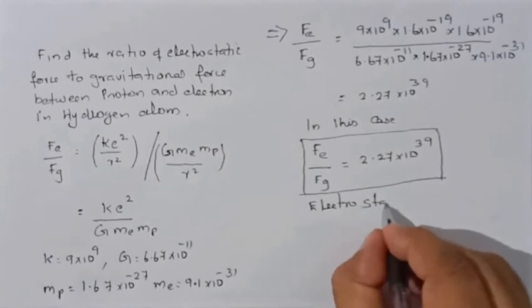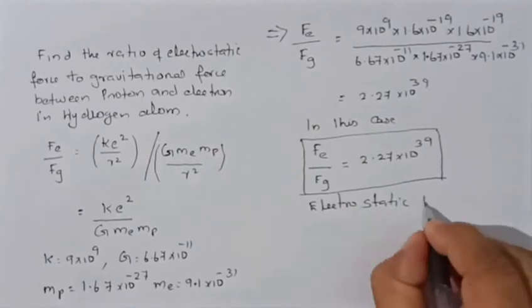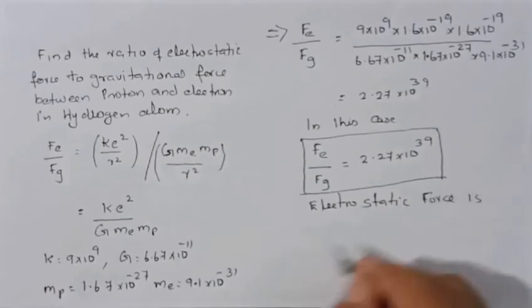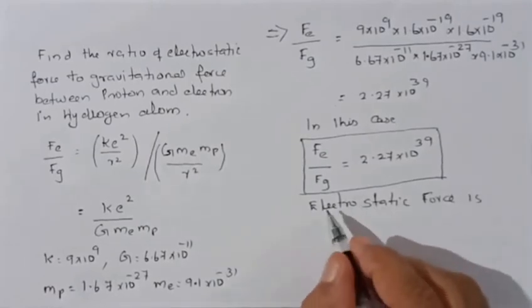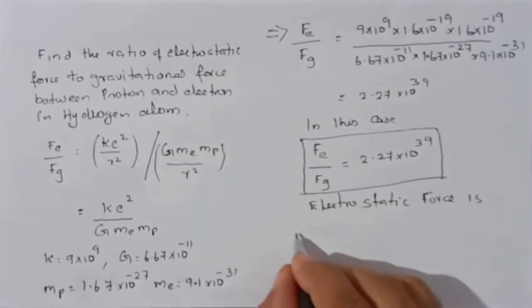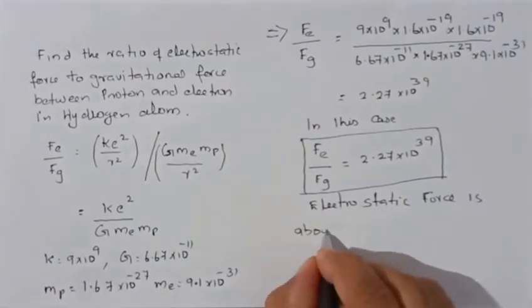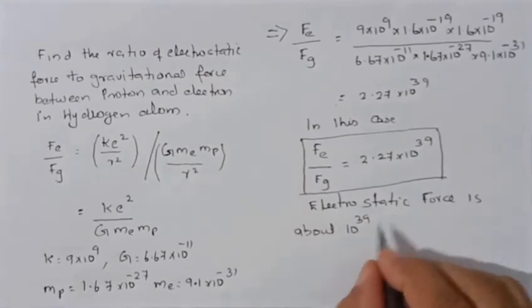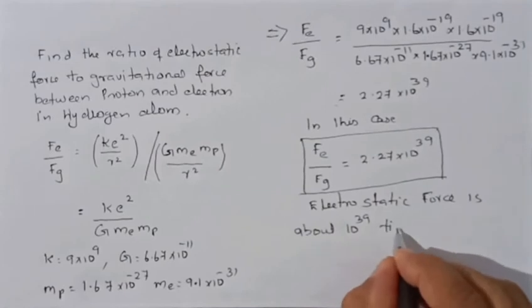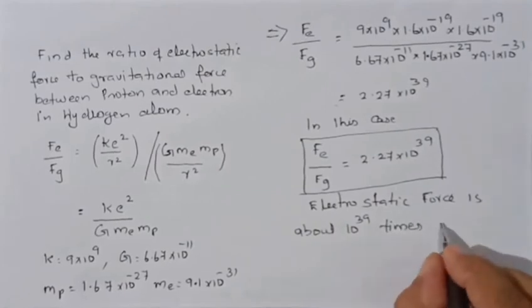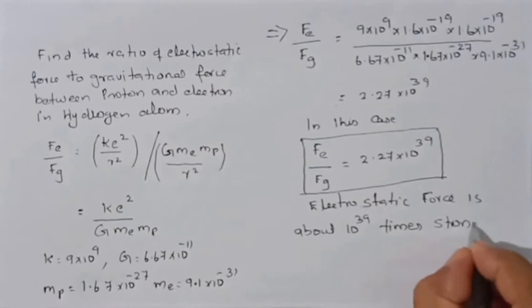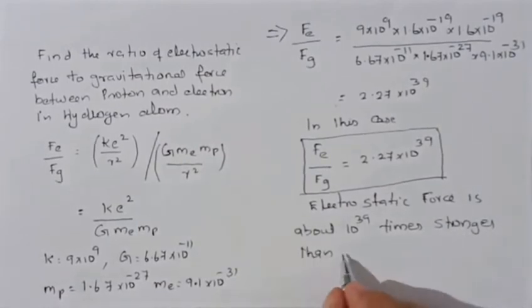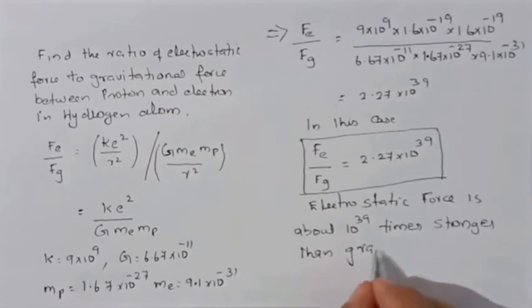Electrostatic force is about 10 to the power 39 times stronger than gravitational force.